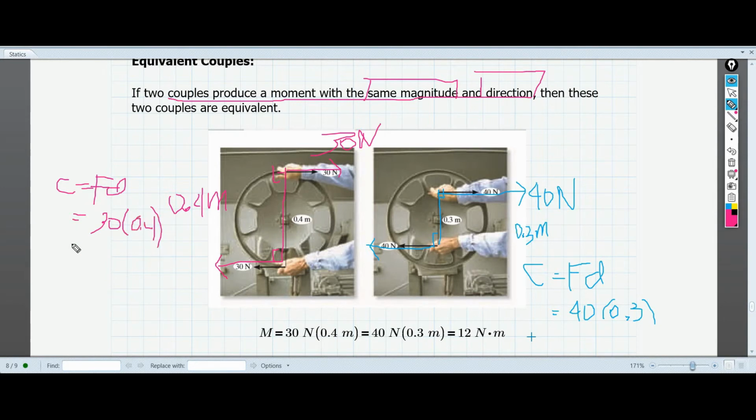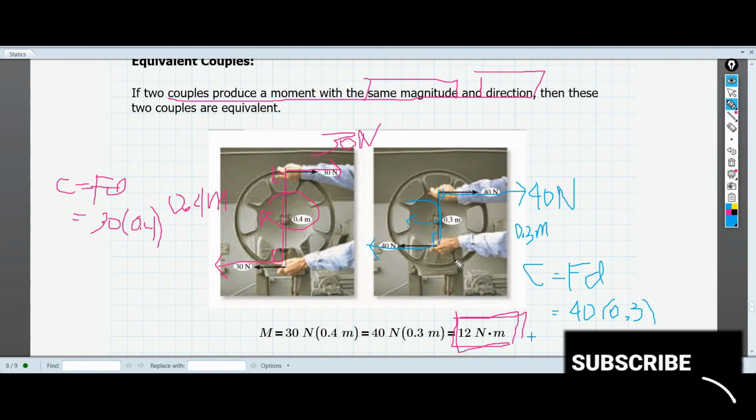Ang magiging sagot dyan kapag kinuha natin yung dalawang yan ay parehong 12 Newton meter. So, ibig sabihin kapag ganyan, yung magnitude and direction nila, ang tawag dyan equivalent couples. Kasi titingnan natin, same ang lumabas na result, 12 Newton meters. And then, ang ikot nila ay pareho. Ito ay clockwise. Itong kabila din ay clockwise. Okay, so yan yung equivalent couple na tinatawag.